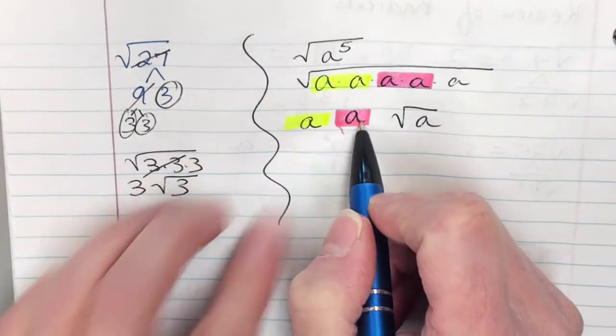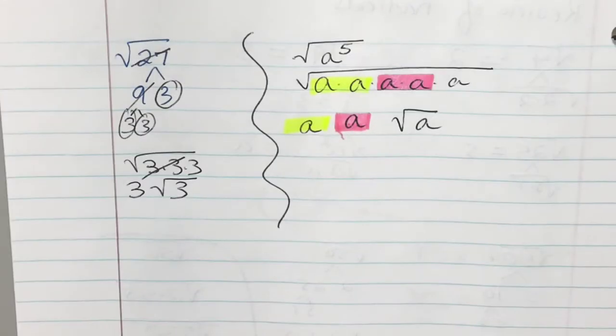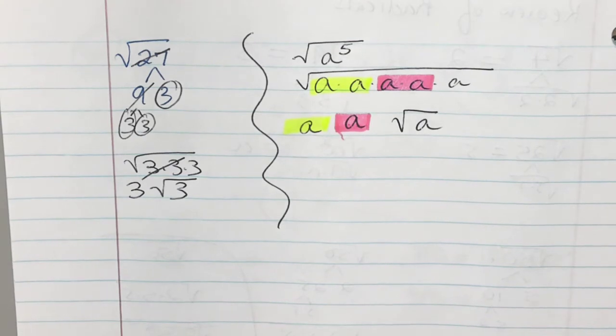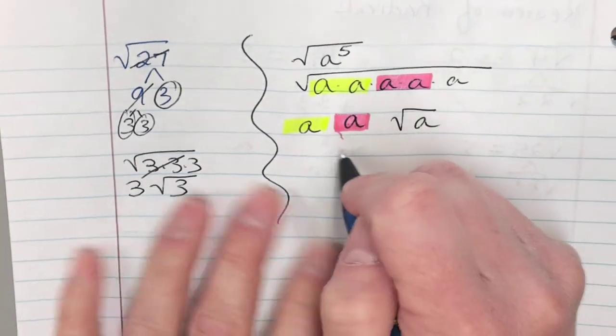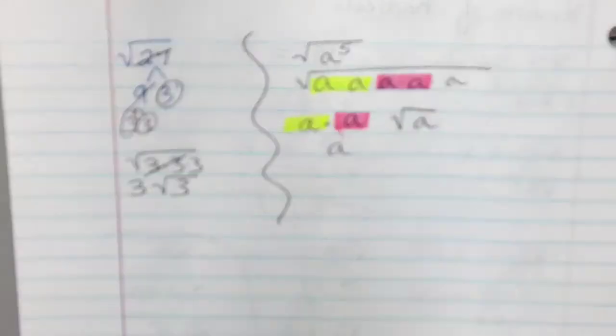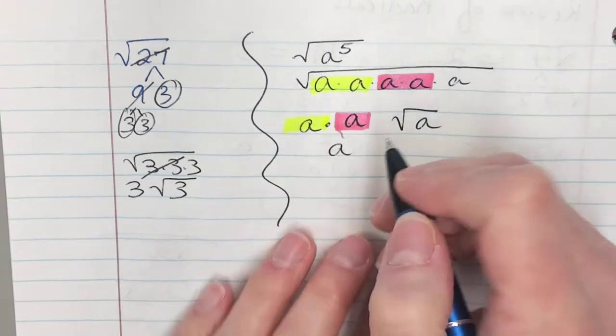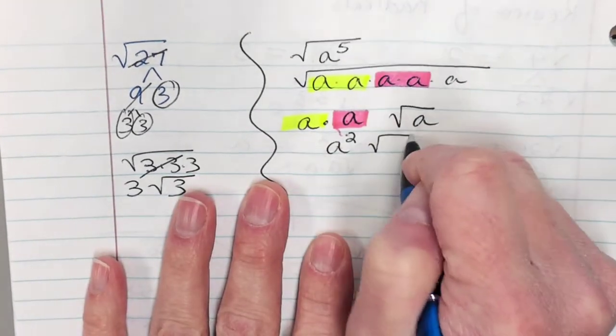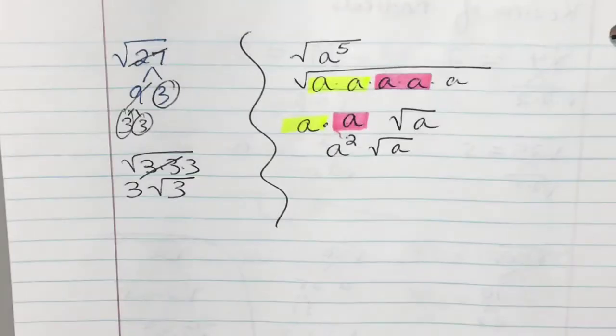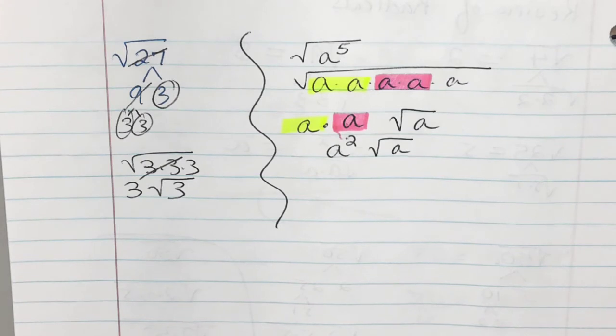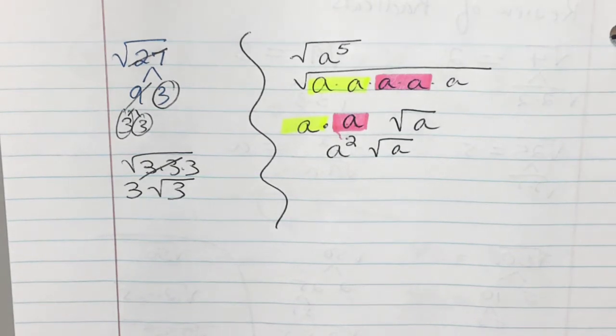So when we look at this, this is where my students get tripped up. They're like, okay, I see a couple A's on the outside. Do I write that as 2A or A to the second power? Because these A's are multiplied to each other, this is A squared on the outside. You're playing with powers. Questions on that example?